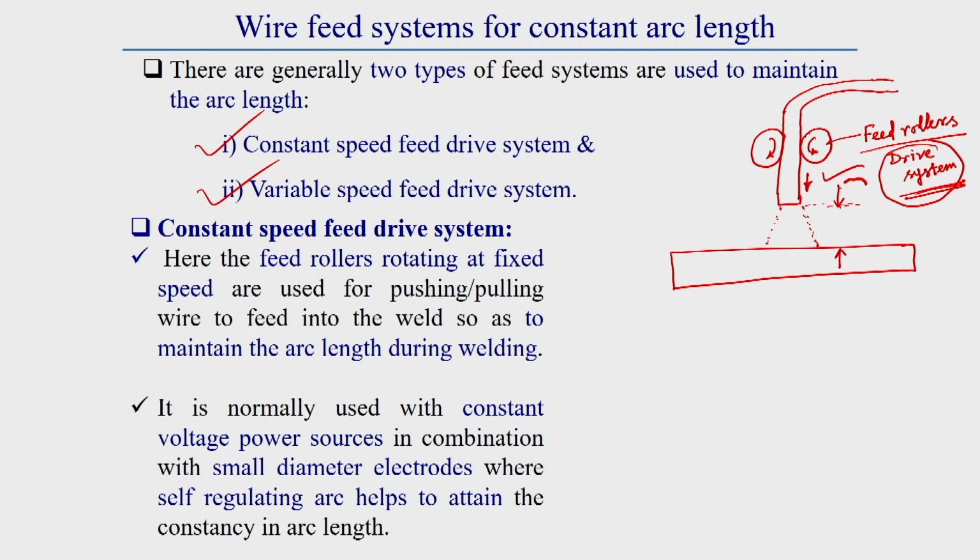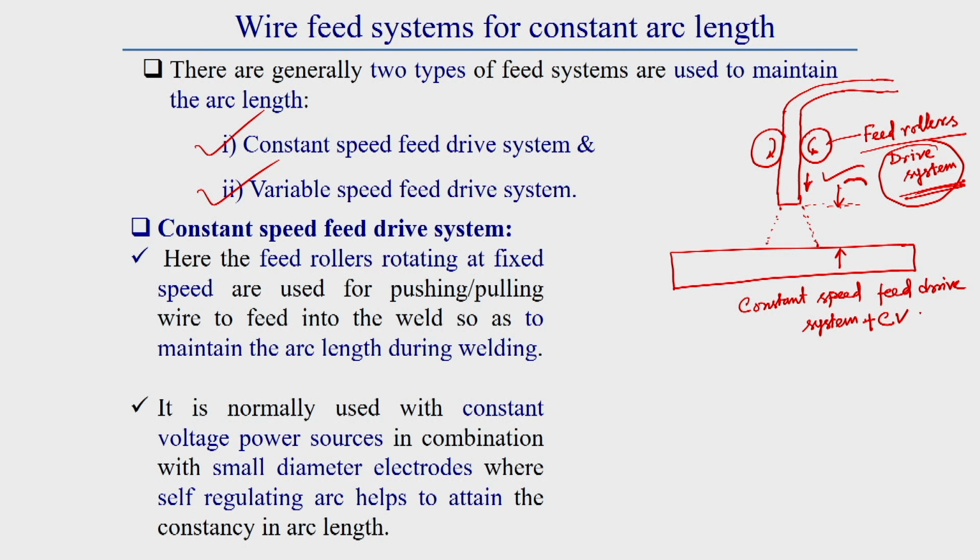So, this type of constant speed feed roller system is generally used with constant voltage power sources in combination with a small diameter electrode. This is the constant speed feed drive system, and it is generally used with a constant voltage power source in combination with a small diameter electrode.